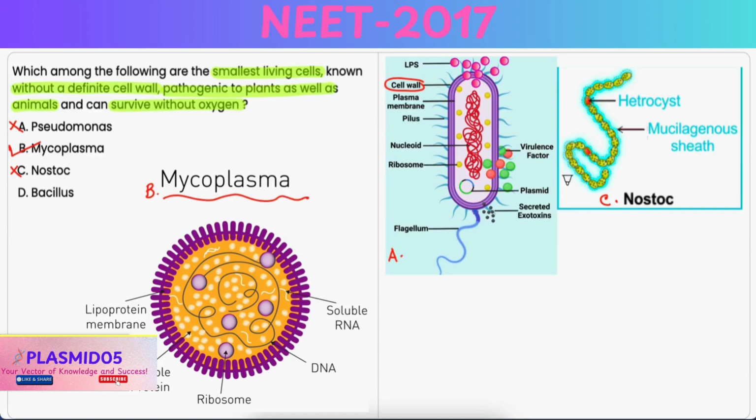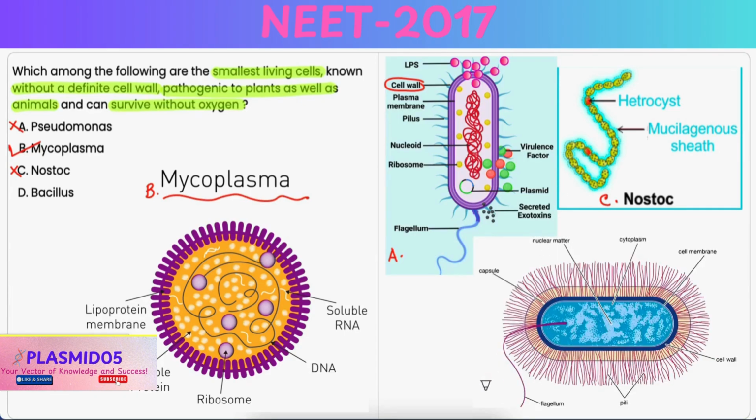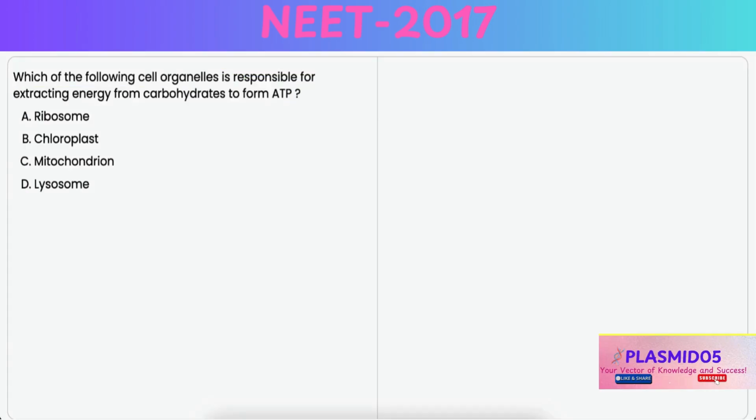It is not pathogenic and they require oxygen for survival. Option D, bacillus. It is also incorrect because bacillus are rod-shaped bacteria with a definite cell wall. And many species are aerobic or facultative anaerobes.